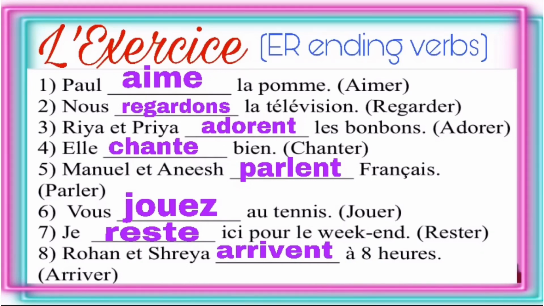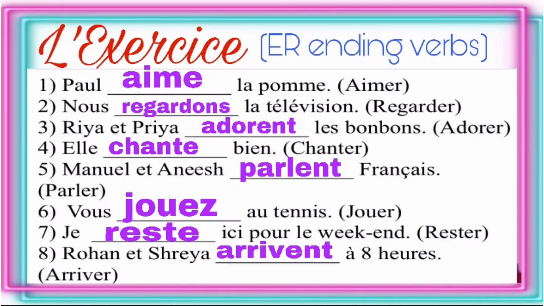So we will cut er and put e with elle, and it will become elle chante bien, that means she sings well. Now come to the fifth point, Manuel et Anish. Now there are two boys, so we will conjugate the verb as ils plural. So it will become parlent.